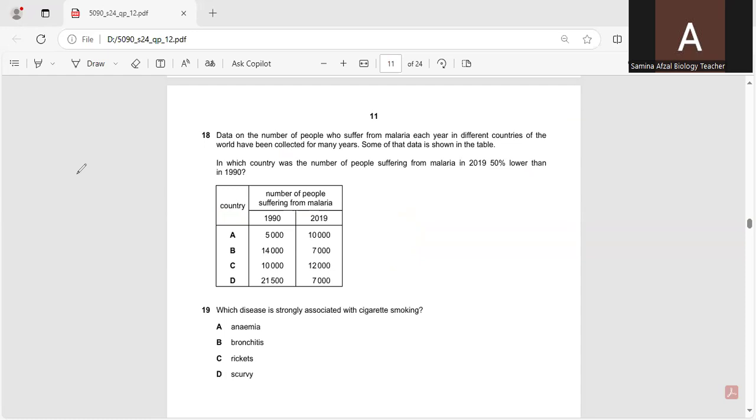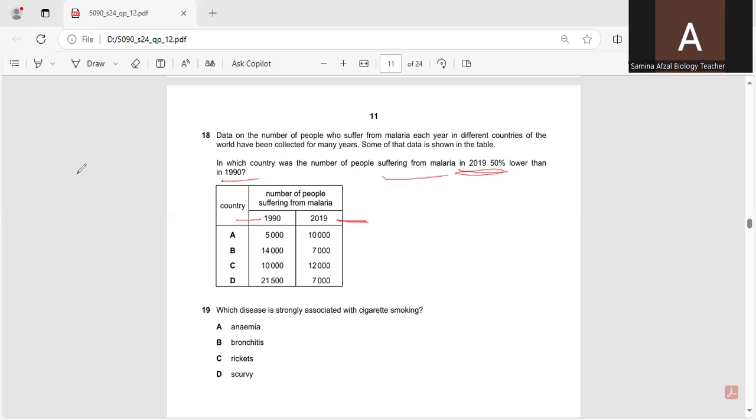In which country was the number of people suffering from malaria in 2019 50% lower than in 1990? In 2019, there should be 50% lower as compared to 1990. So we have to see which one shows this requirement.